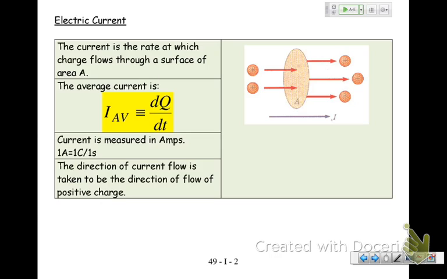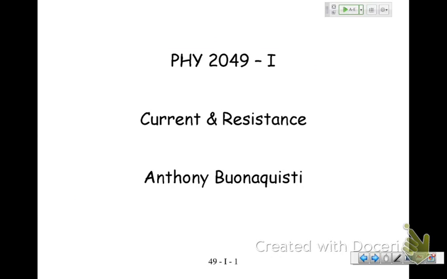A few analogies. I think of current like water flowing through a pipe. So in my mind, I think of a water system. Here's a pump, and there's a big pipe. The last thing you want is a pump connected to a small pipe, because it's like trying to blow air through a straw.